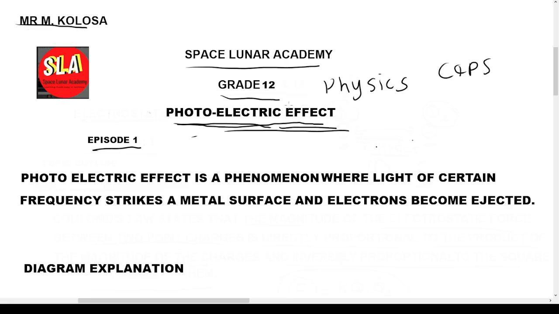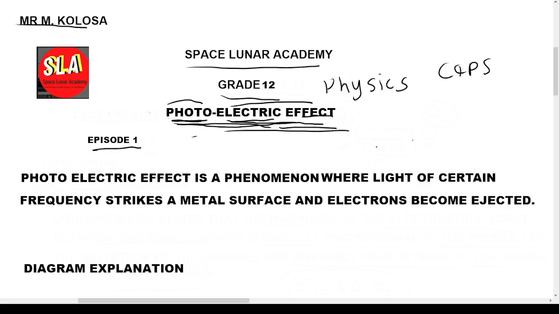It means we are studying the electrical behavior of motion. So if we are doing photoelectric effect, it means we are studying the electrical behavior of light, because photo means light. In other words, how do we make electricity using light?